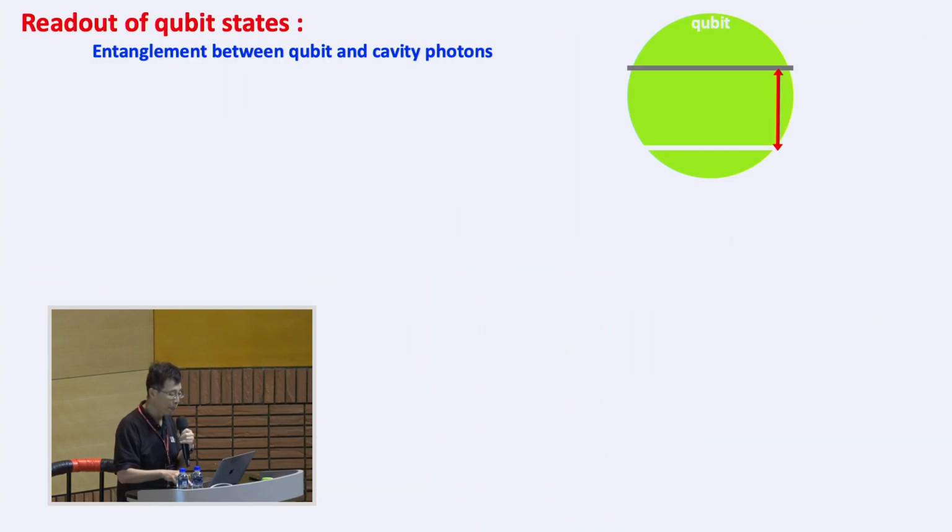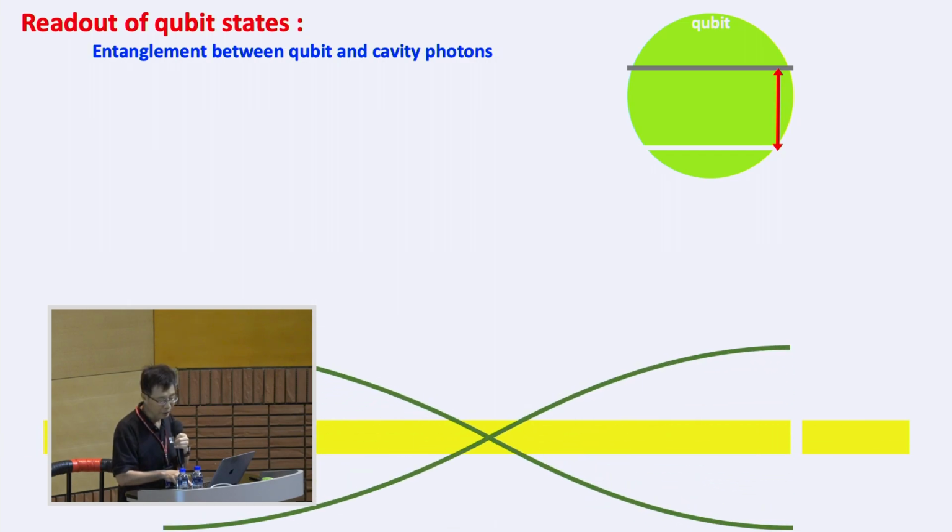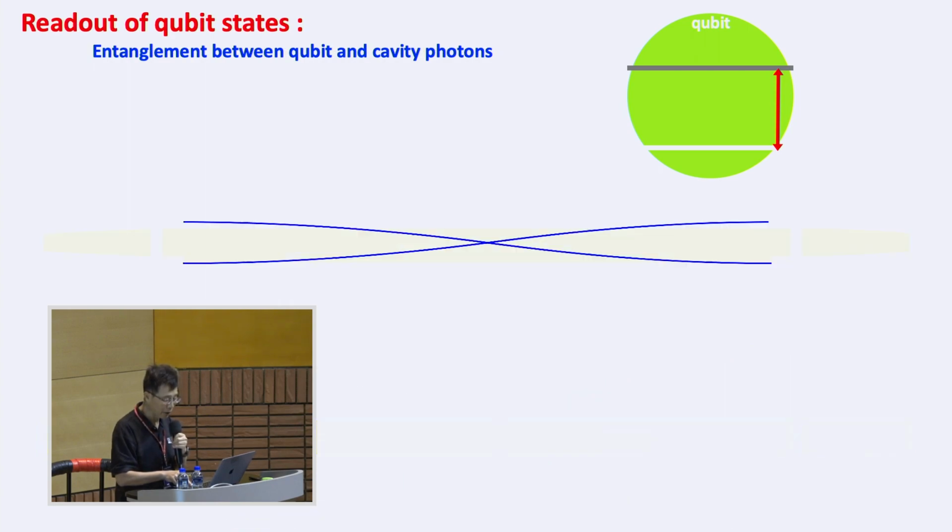And then now, this is about the readout of the qubit state. Again, just simple illustrations. We consider the qubit as a two-level system, as Professor Oliver already explained. And then we have a resonator.